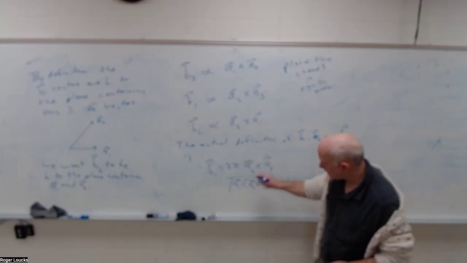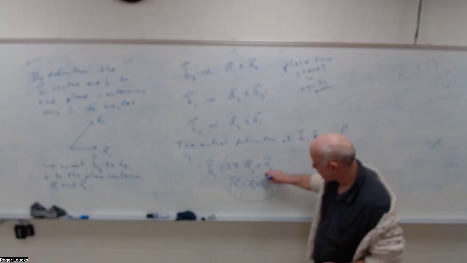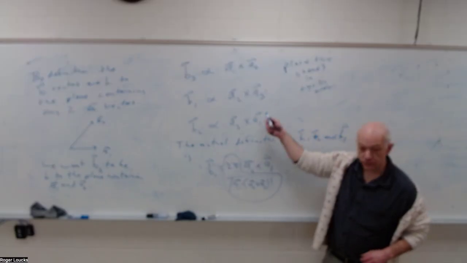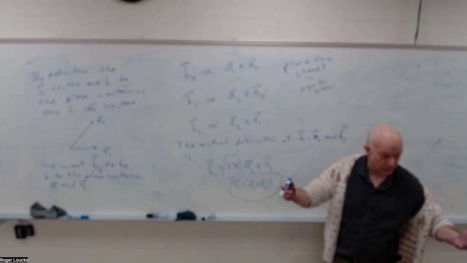And all I'm going to do is take this factor here and put it in front of each of these. There's a reason why we're doing this. I'll explain why.